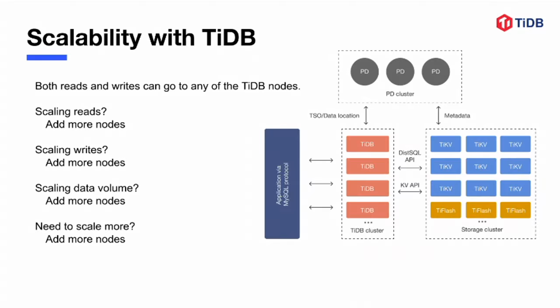So if you want to serve more queries per second, or you want to have more connections from your application, you just add a few more TiDB nodes. If you want to store more data, you add more TiKV nodes, because that's the primary storage of all your data. And the cluster will automatically balance all the data over the new nodes as well.